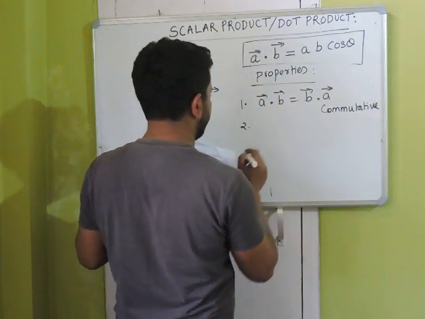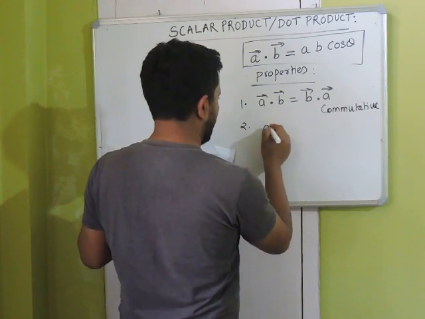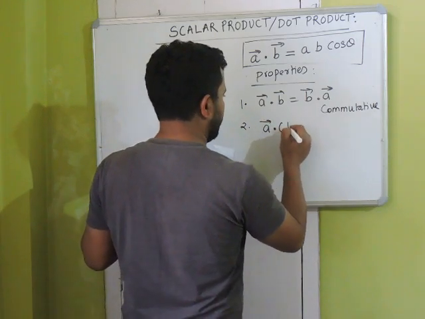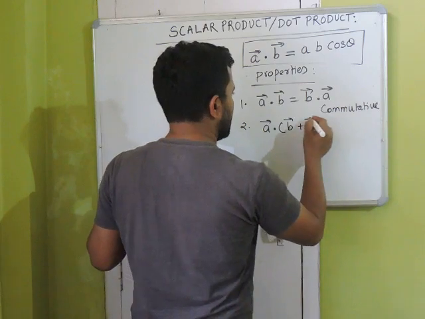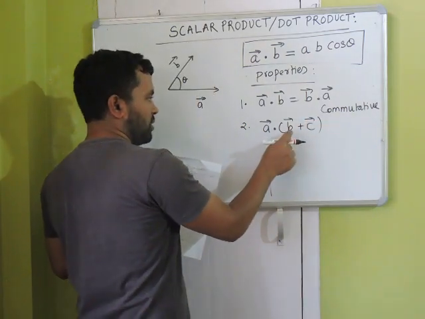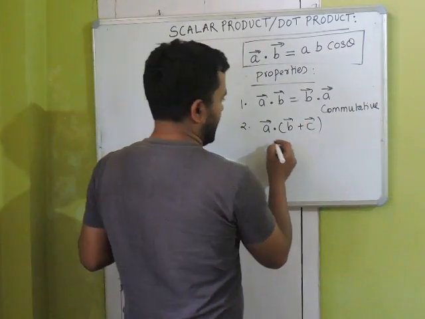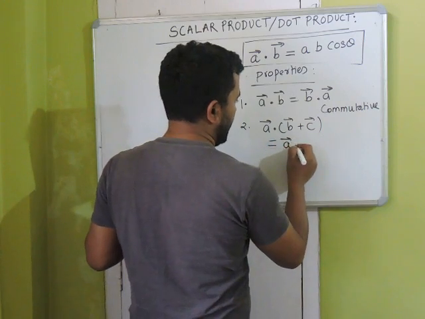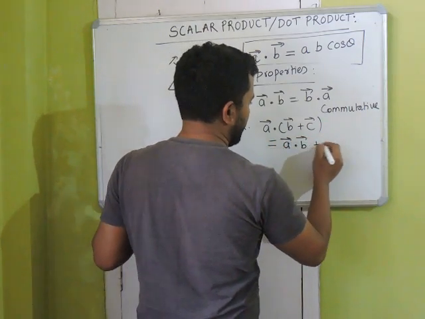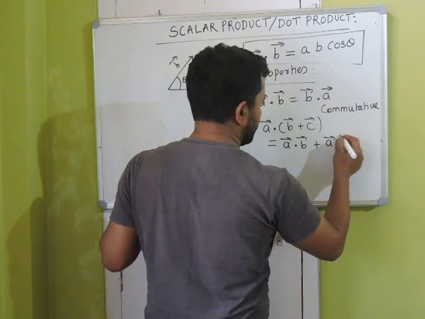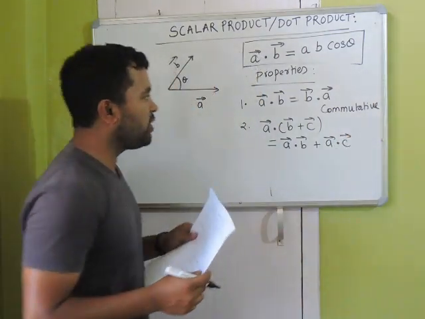Second is A dot (B plus C). Now this is addition, B plus C, and that will be equal to A dot B plus A dot C. So this is called the distributive property.